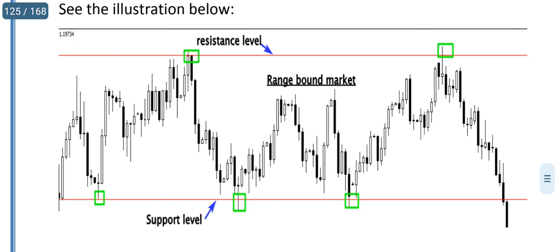We have a ranging bound market. Yes, as you see, it moves in a horizontal direction between two dynamic support and resistance levels.